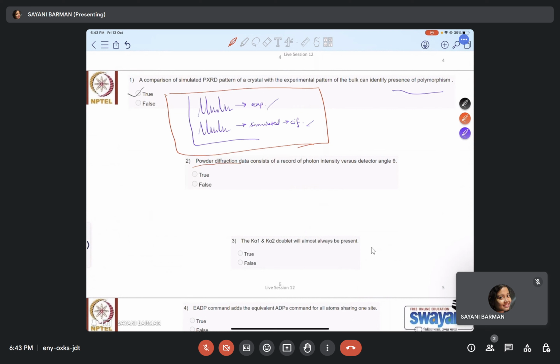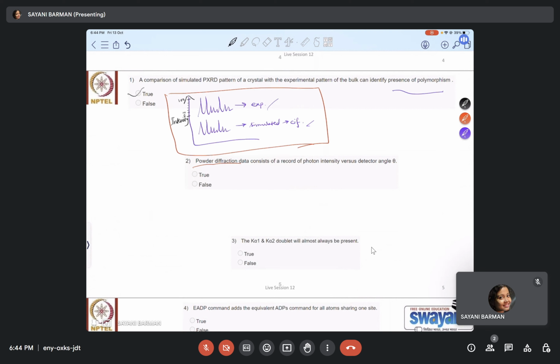So in this, the y axis is intensity. Intensity is such that, let's say, this much is 100 and this much is 0. So you can say this is 10, then 20, 30, 40, 50, 60, 70, whatever it is.